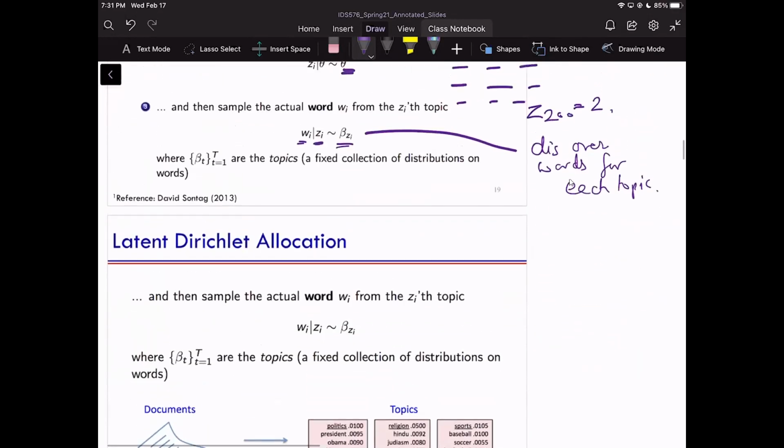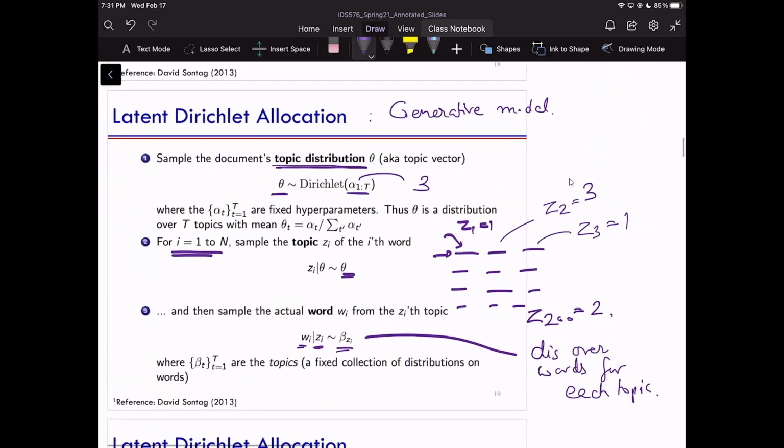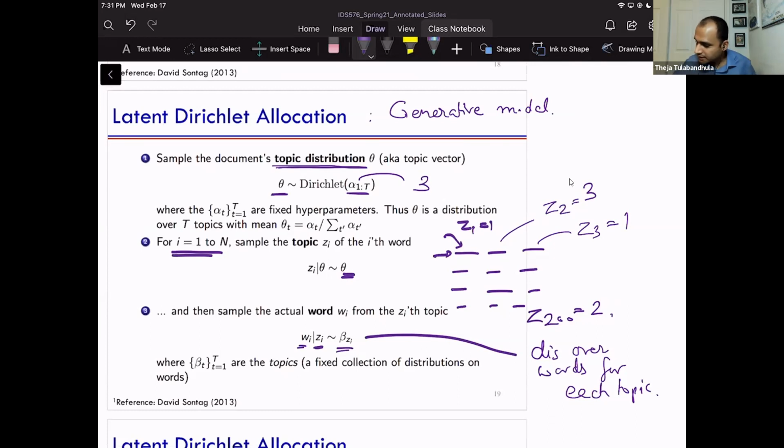Professor, I have a question. Here you're looking up which topic it is and going to the distribution and picking a word. So is the word which you're picking random, or how does it work? Yeah. Whenever you see notations like this, the W_i is the word I'm going to pick given the topic.